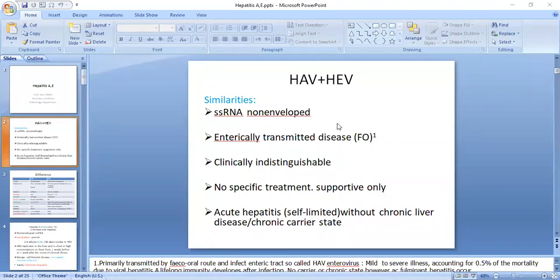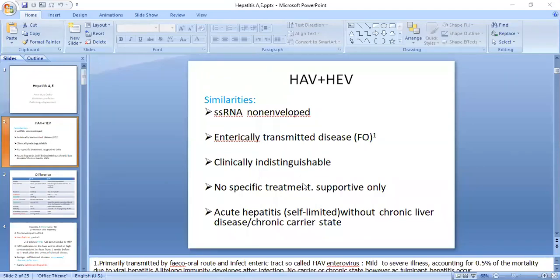Hepatitis A and E both cause inflammation of the liver, but no specific treatment is required. These are self-limited diseases. They cause self-limited hepatitis, so they need supportive treatment only.